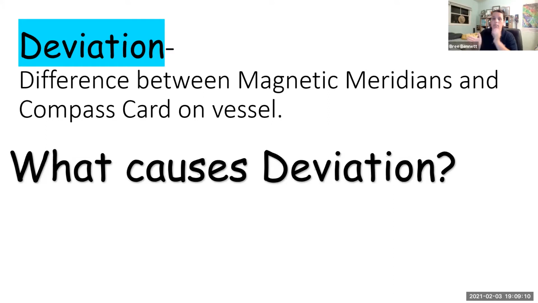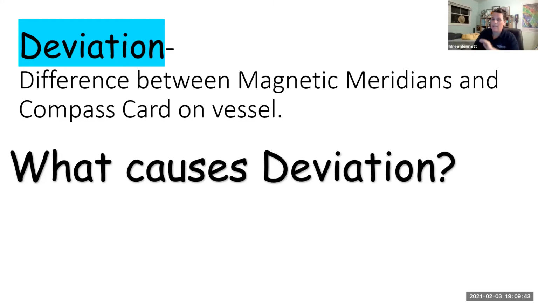So deviation is going to be the difference between that magnetic North Pole and what your compass card is reading as north. So your compass on board, even though it's a magnetic compass, its north is going to be a little bit different than the magnetic North Pole. And that is because of the magnetism on board your vessel.